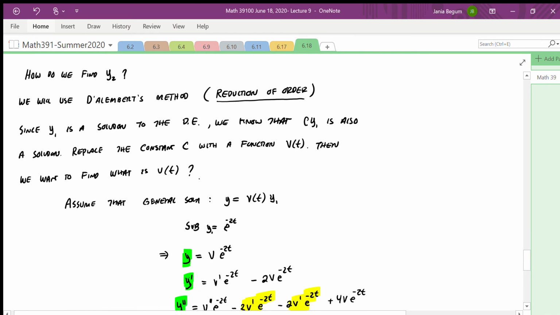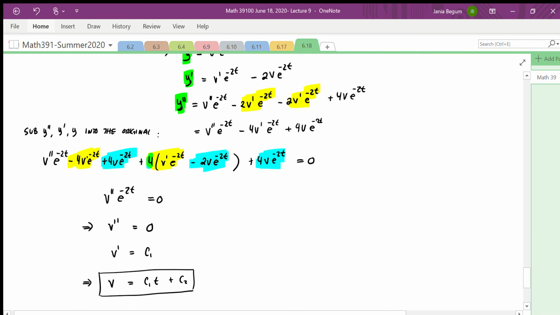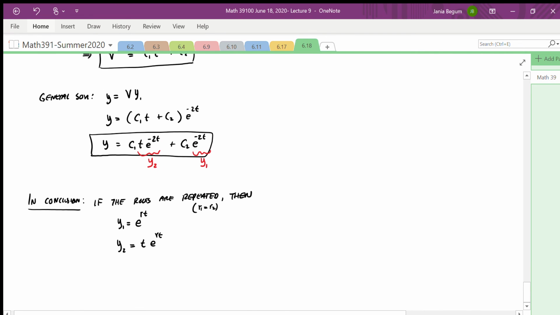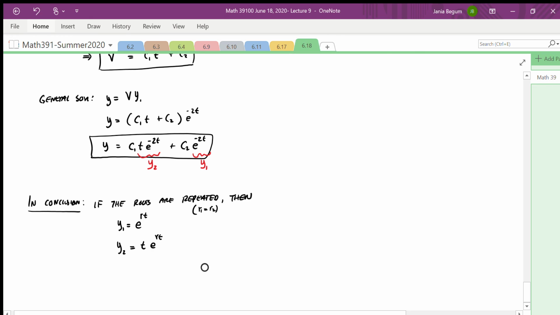Okay, so the method is useful, and we saw the method is useful for this case where the roots are repeated, and it's also useful when you have to compute the second solution if the first solution is missing. Okay, so this is just the conclusion if the roots are repeated, not just in general. Okay, so let me know if you guys have any questions.